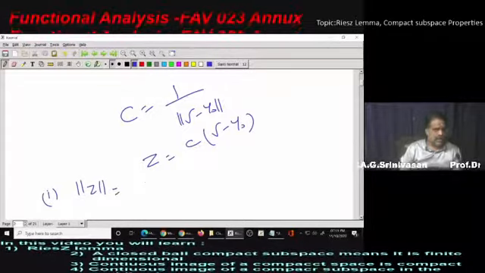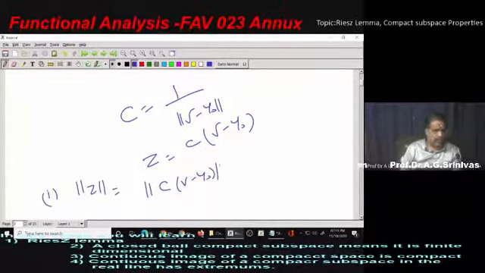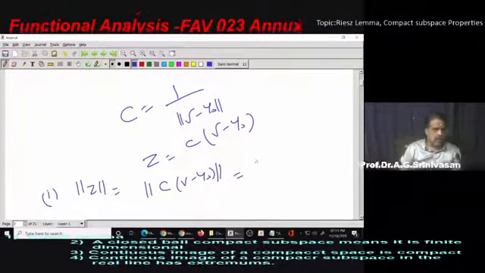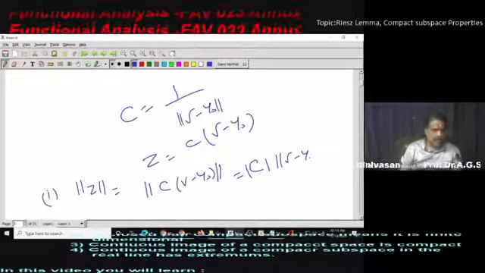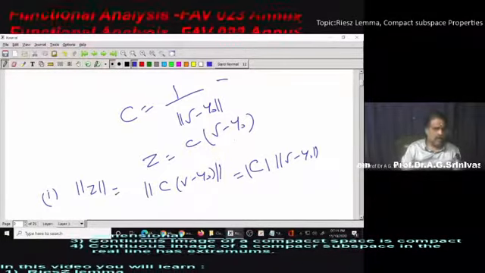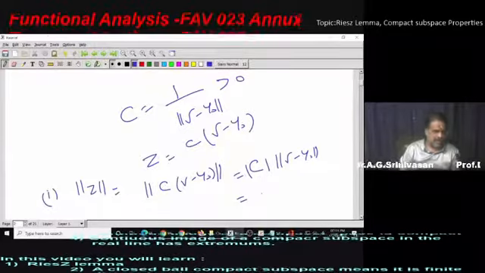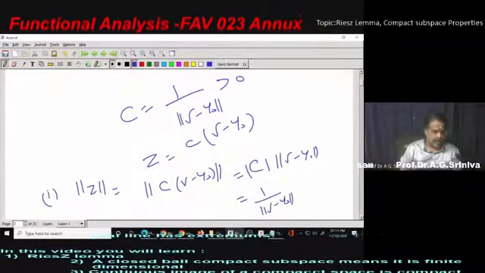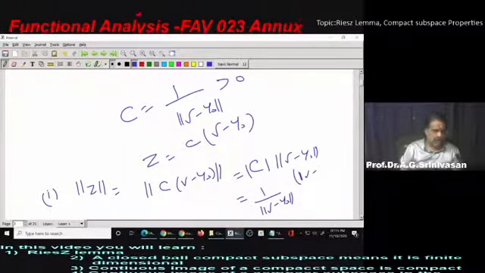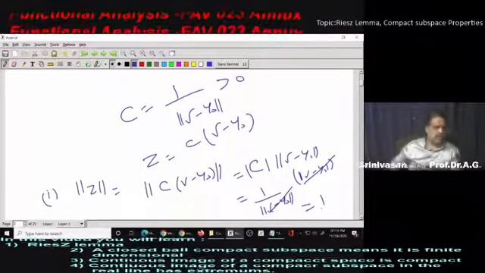Norm Z is norm C times V minus Y naught, which is equal to modulus C times norm V minus Y naught. But C is positive, we already saw. So modulus C is C itself. And therefore, C is 1 by norm V minus Y naught, which is not 0, into norm V minus Y naught. Therefore, this becomes 1.